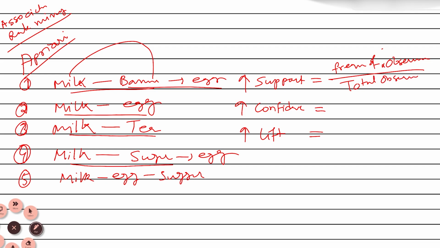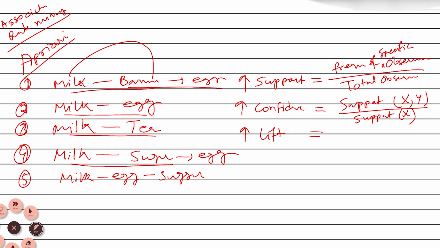So this is for a specific observation, maybe milk banana or milk egg, this kind of sequence, or a pair of events. And confidence is nothing but support of x and y, or two items appearing in a data set, divided by the individual support of x.